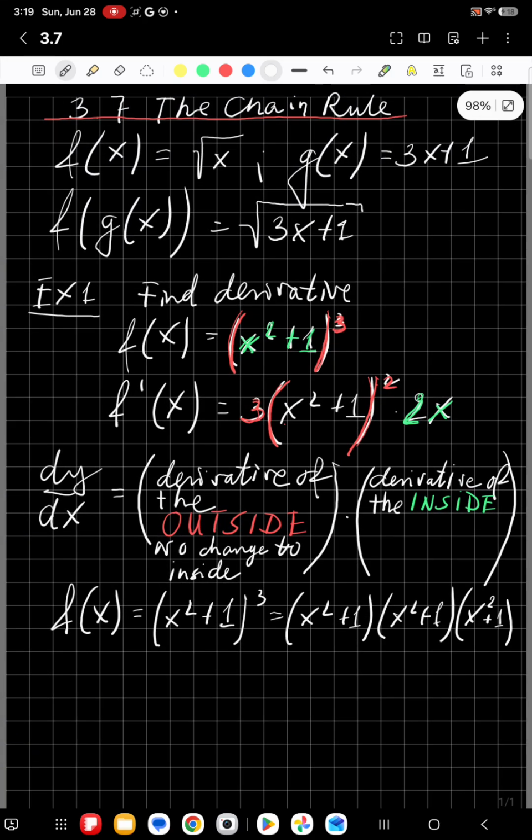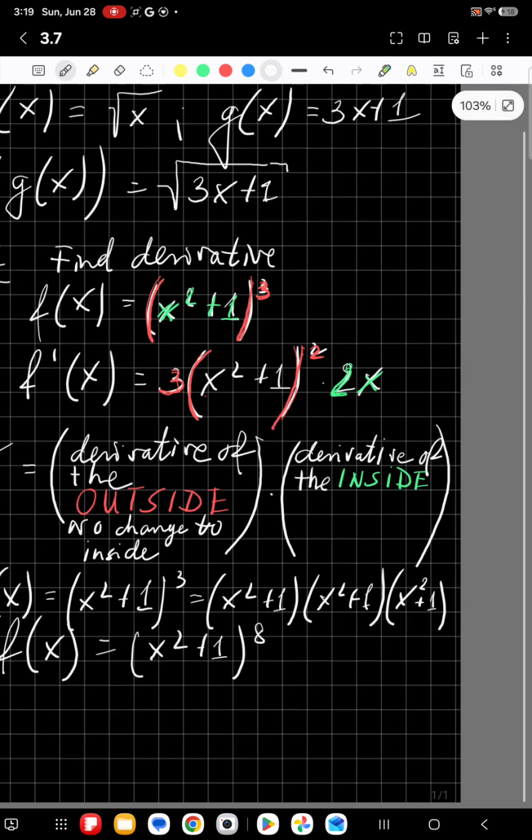But if f of x is not to the third power but, let's say, to the 8th power, x squared plus 1 to the 8th power, then multiplying it out is still doable but difficult.